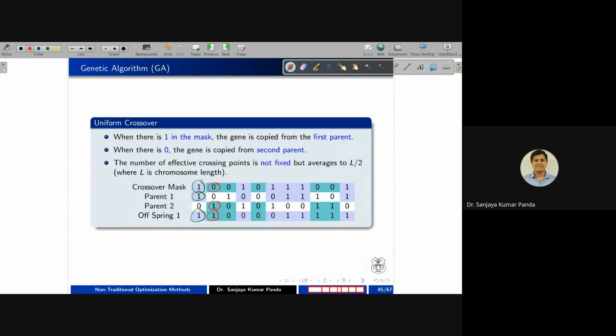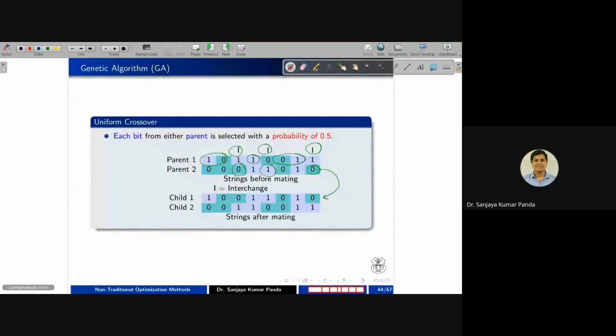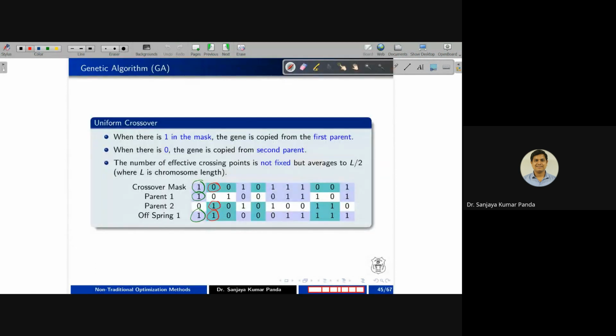Like that also you can do crossover. And once you generate offspring 1, just the reverse of that will be your offspring 2, right? So you can do uniform crossover with interchange, or you can do uniform crossover with a crossover mask. The crossover mask will guide you whether to choose parent 1 or parent 2.